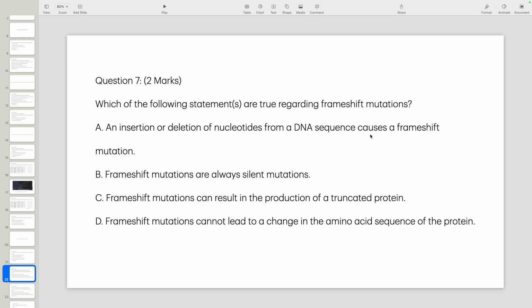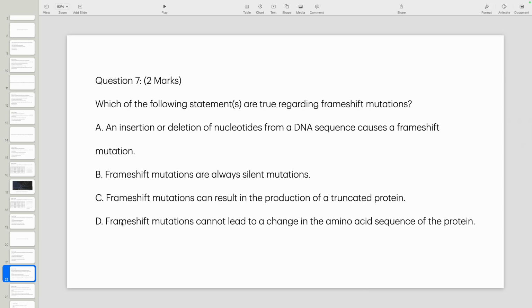Silent mutation means that after the mutation, the codon is coding for the same amino acid, which is not always the case for frame shift mutations. The C option is frame shift mutation can lead to the production of a truncated protein. This is true. If due to the frame shift mutation a stop codon comes into the frame, then truncation of the protein happens.